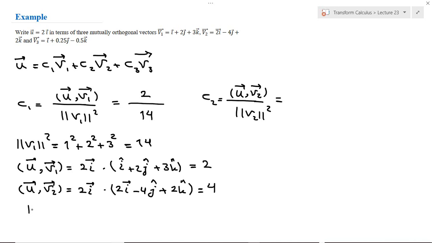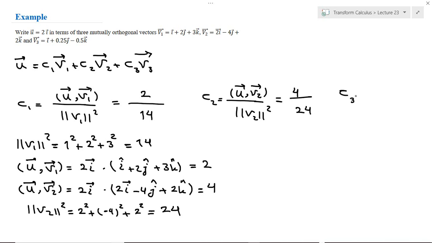The magnitude of V2 squared is equal to 2 squared plus minus 4 squared plus 2 squared, so it's 4 plus 16 plus 4, which is 24. As a result, C2 is equal to 4 divided by 24.